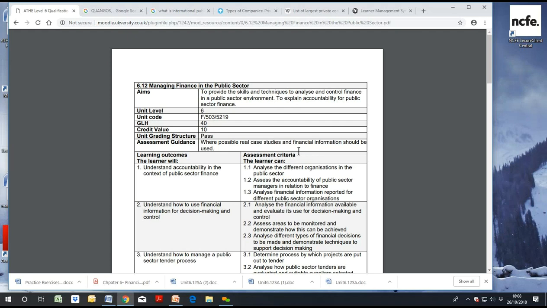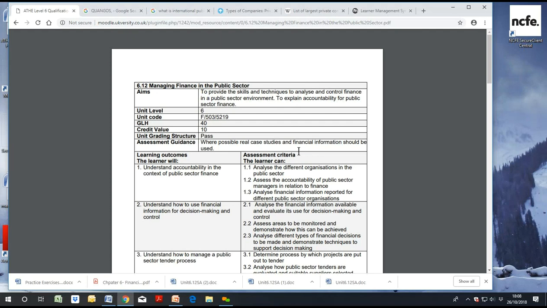It's nothing more than pure accountancy where you need to calculate so many things. No, this is not the purpose of this course. It's just to give you the skills and techniques so that you'll be able to analyze and understand the statements and the meaning of what the accountants will produce for you.